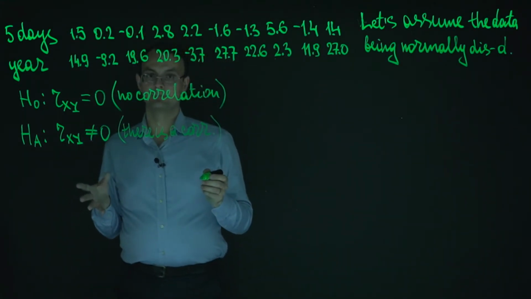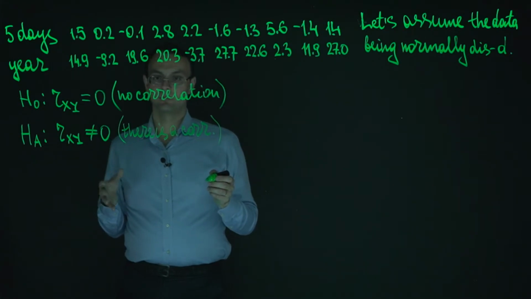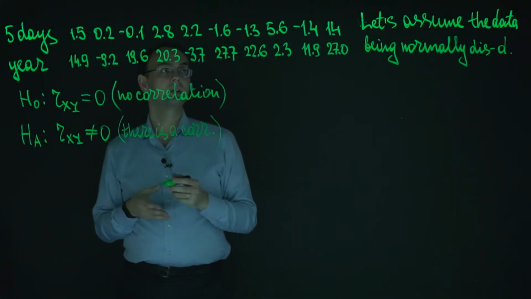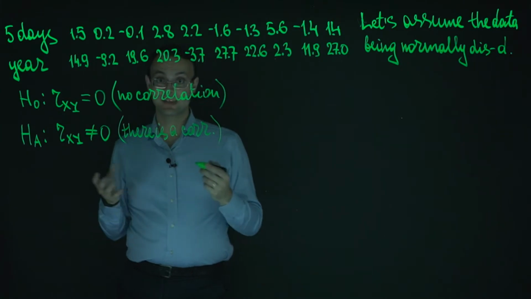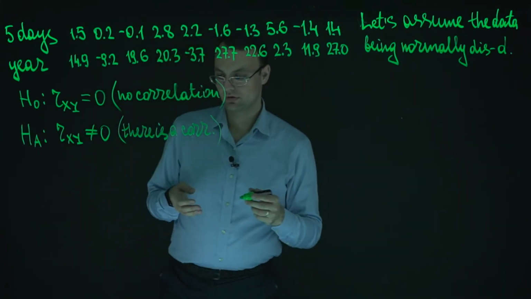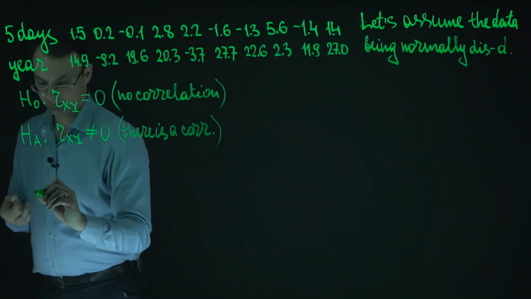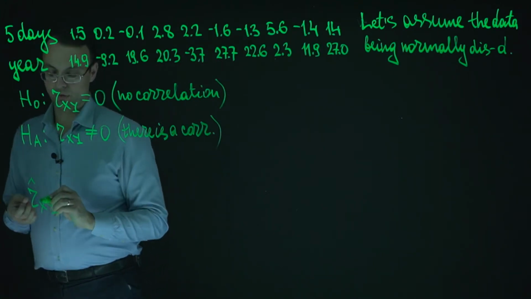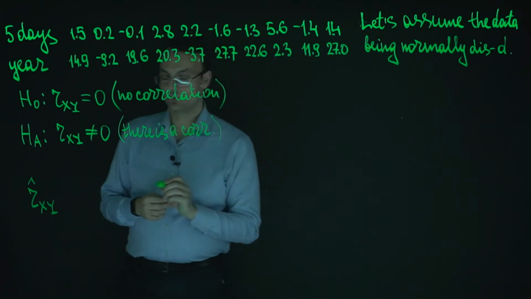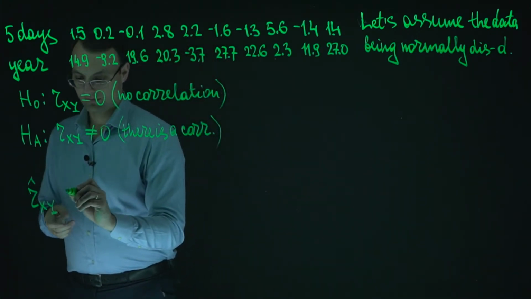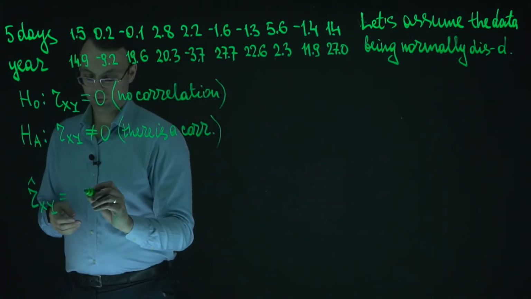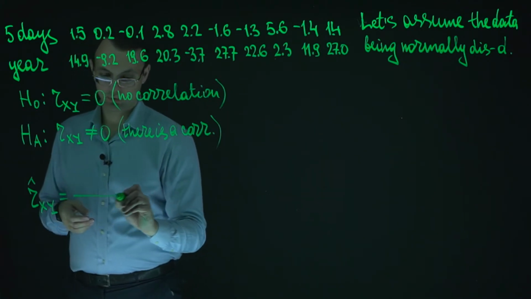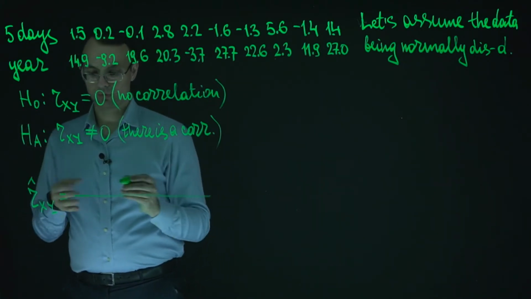So we need to find the sample correlation coefficient, rho hat. Actually, what we will need here is this big formula.